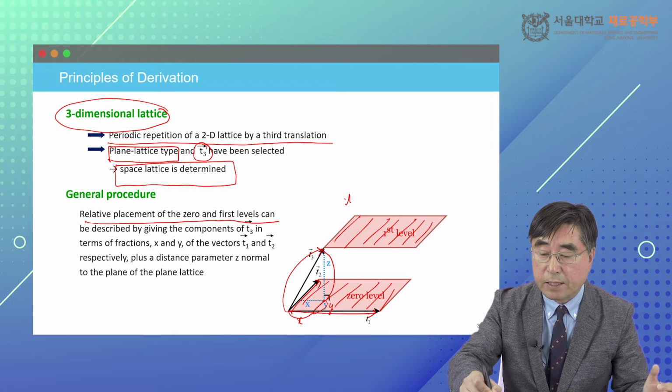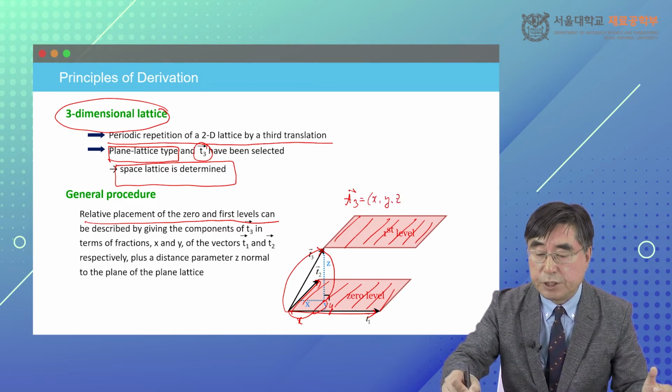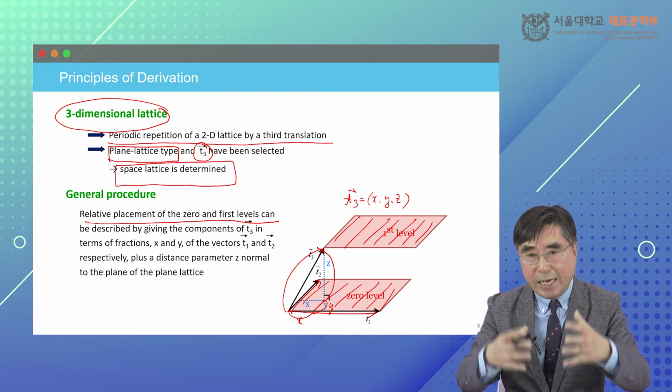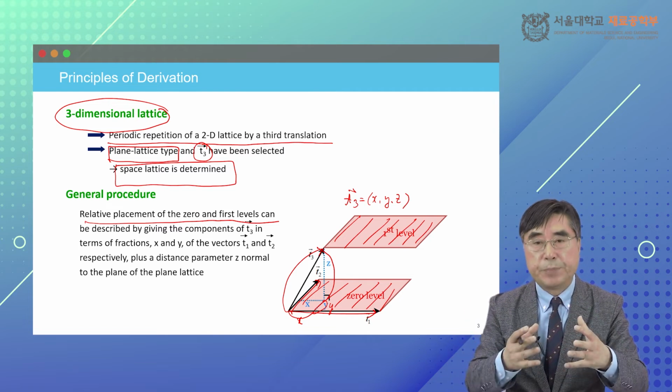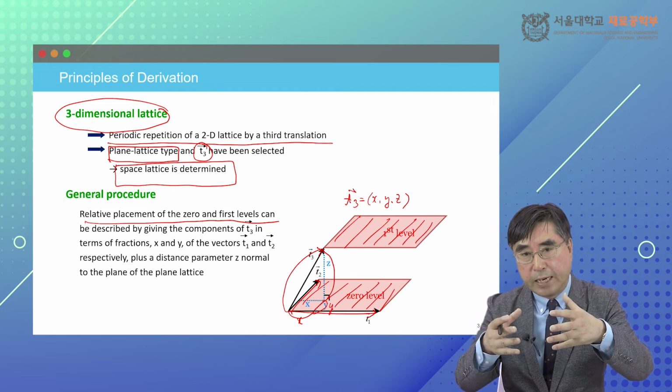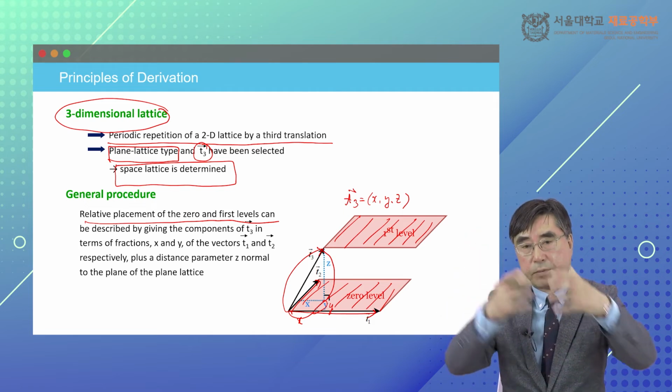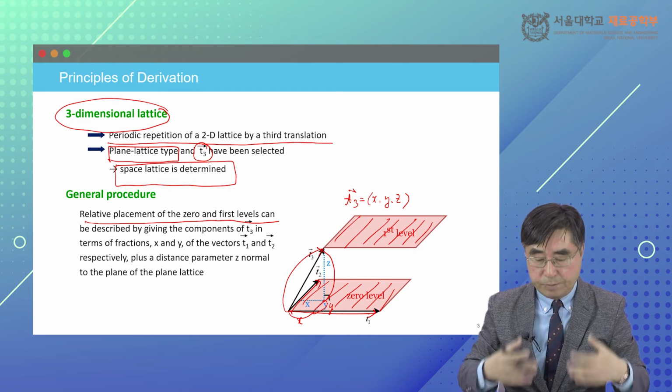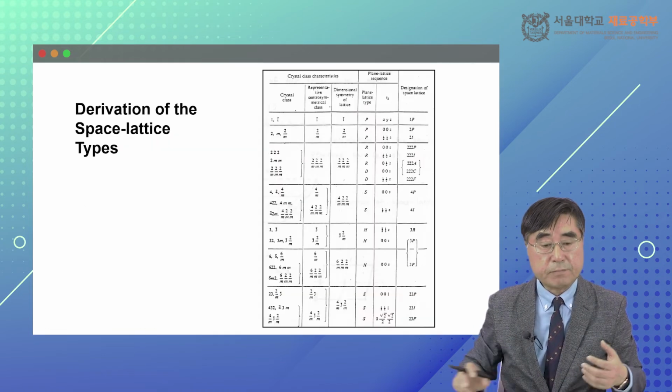So the T3 vector is basically defined by x, y, and g. Then we put the same plane net that we picked up on top of that. In that manner, we can build up the space lattices.